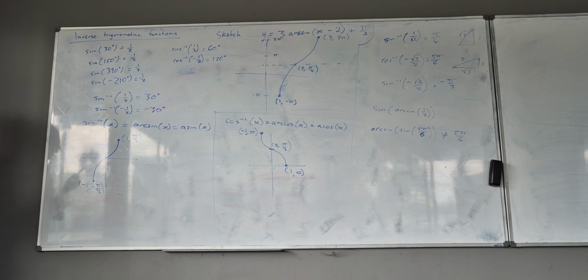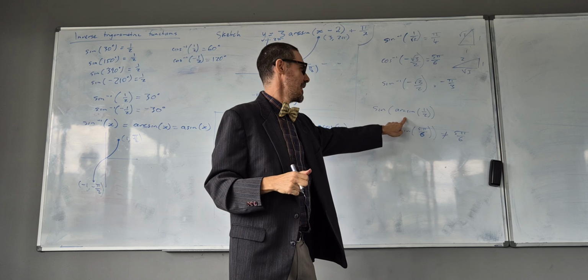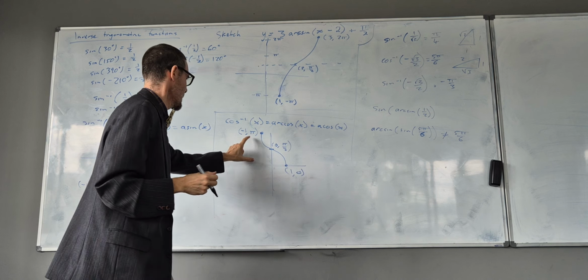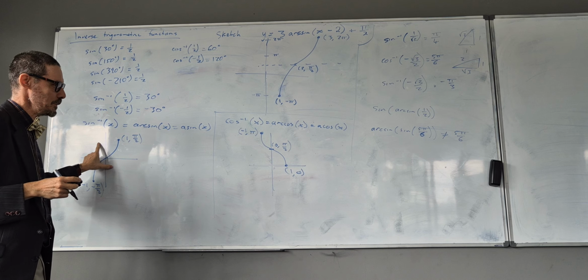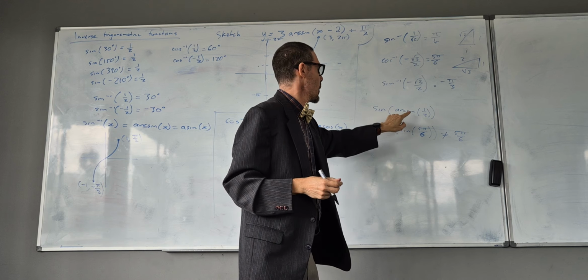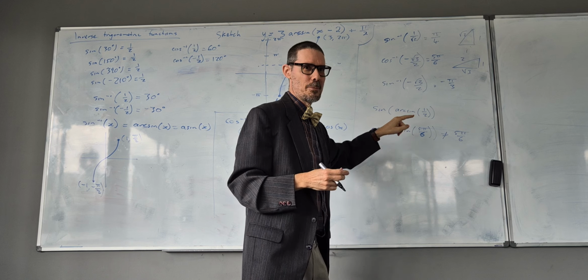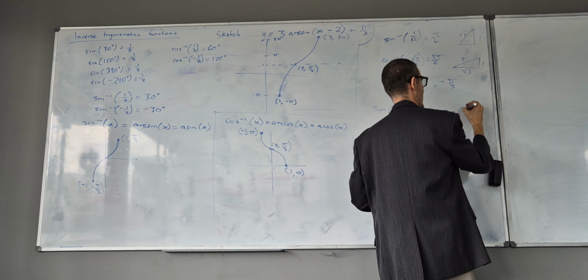How did you do it? It's because of the domain and range, right? That's why it's important to know how these are defined. Arcsine of a half is going to give me an angle. Do you know what angle that is? Correct.